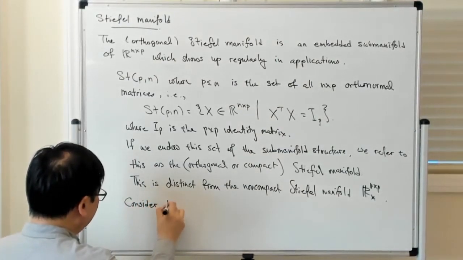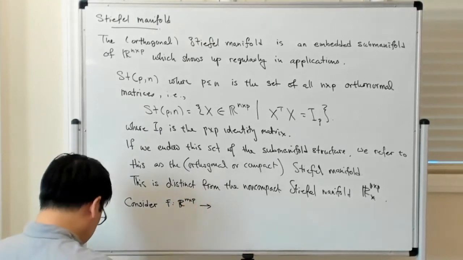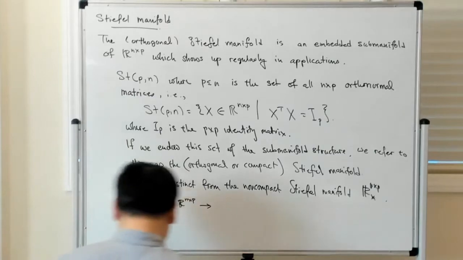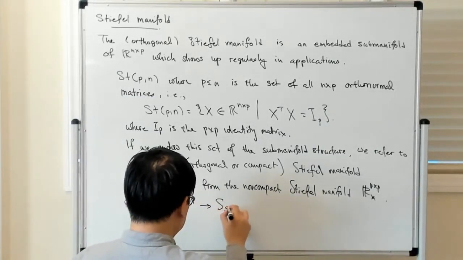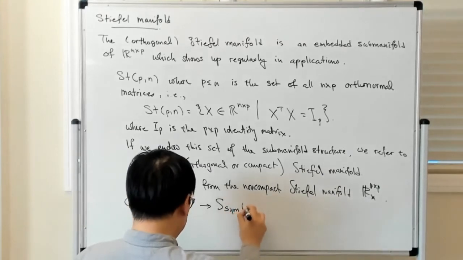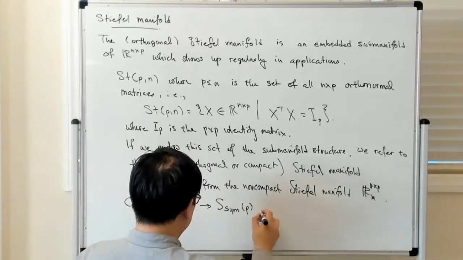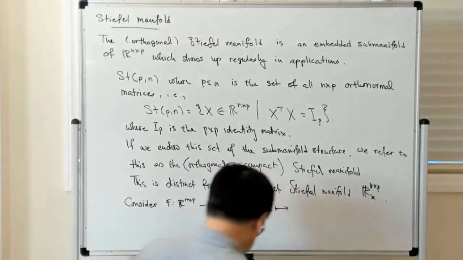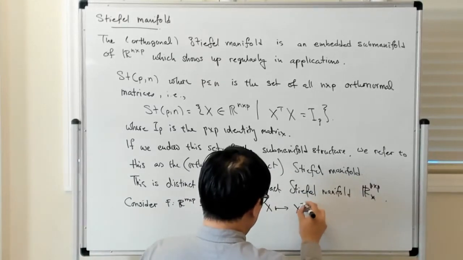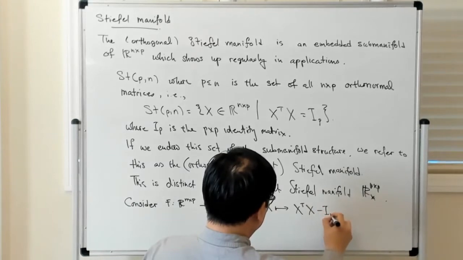So let's consider the following function. Consider the map F from R n cross P to the set of symmetric matrices of dimension P, where we map a matrix X to X transpose X minus the identity.